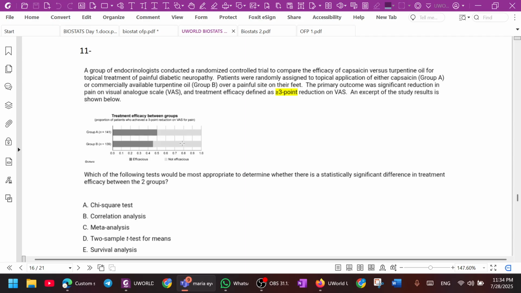Group A n equals 141, Group B n equals 139. Which of the following tests would be the most appropriate to determine whether there is a statistically significant difference in treatment efficacy between the two groups?